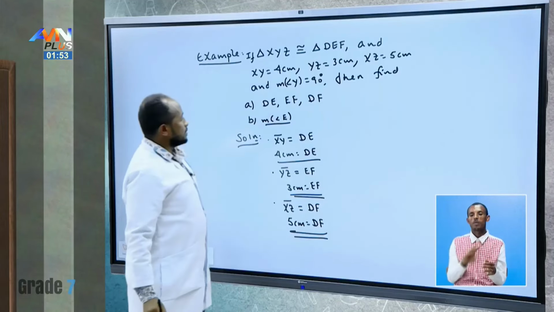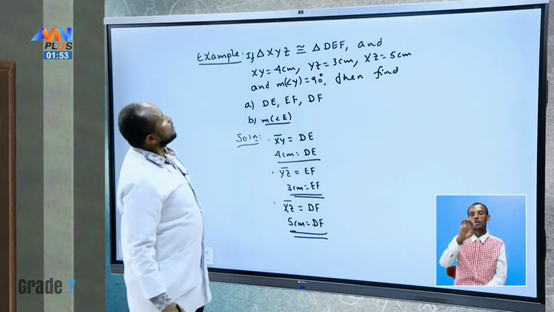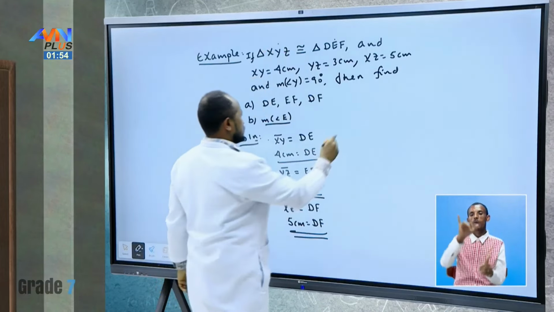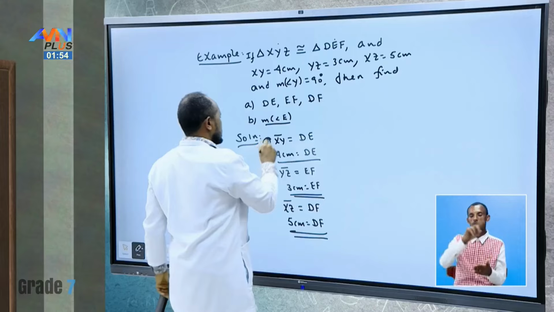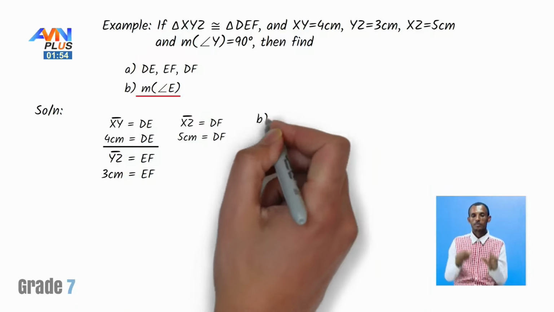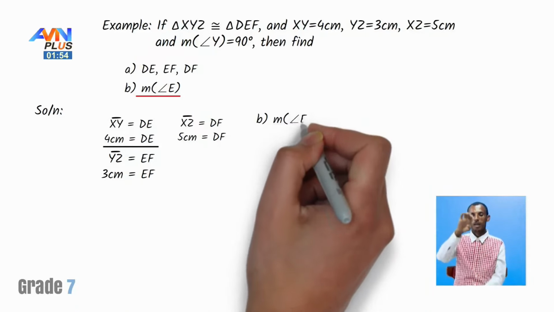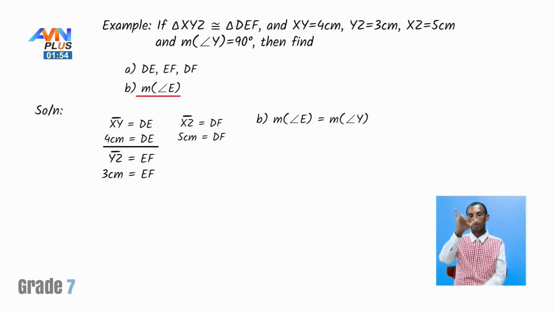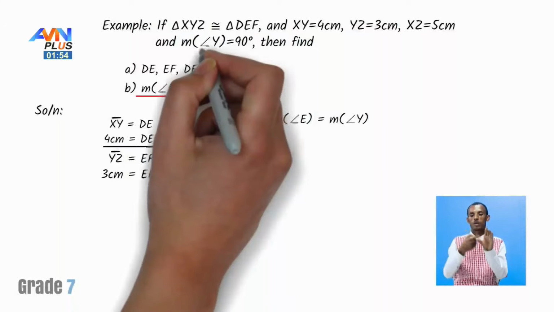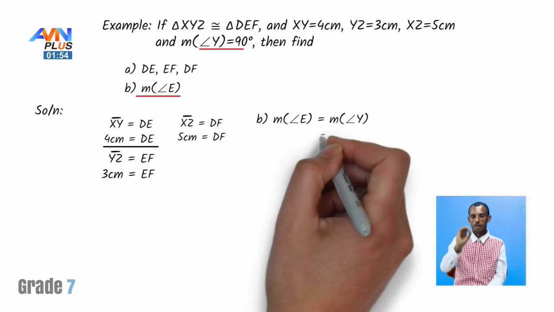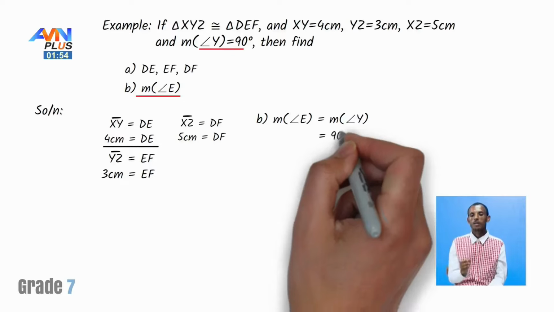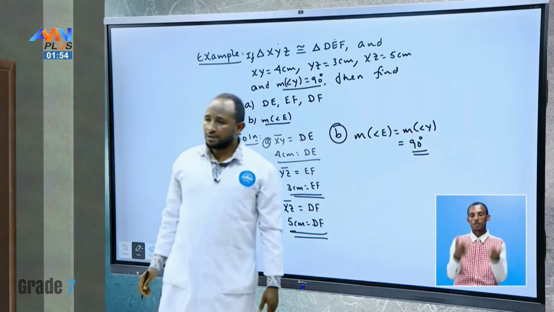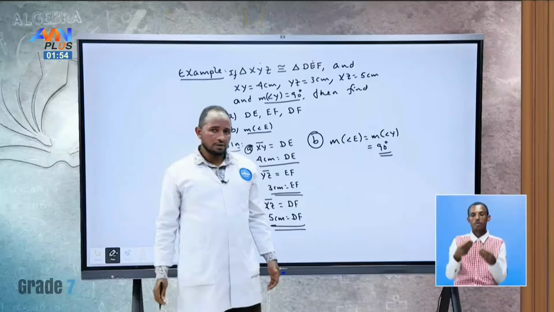We are asked to find the measure of angle E. So, the measure of angle E is congruent to the measure of angle Y. This is question A. And B, the measure of angle E is the same as the measure of angle Y. The measure of angle Y is given to be 90 degrees. Therefore, the measure of angle E is also 90 degrees. That's it. This is all about today's lesson. Then I'll give you an exercise to try at home.